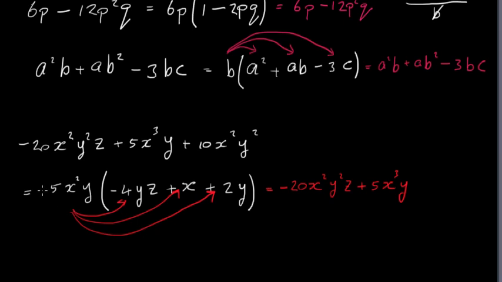And the last one then, plus times plus will give me plus. 5 times 2 is 10. X squared, there's no x squared, so I'm just going to put in the x squared there. Y times y is y squared. Is our last term plus 10x squared y squared? Yes, it is. So this works. If we multiply 5x squared y by this expression here, we do get what we started with. So these are two factors of this expression here.